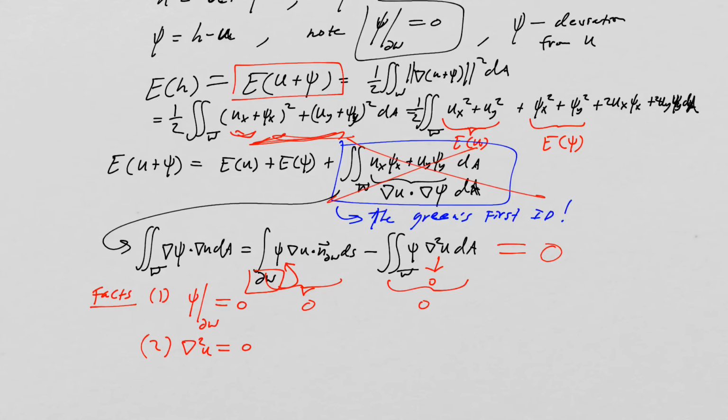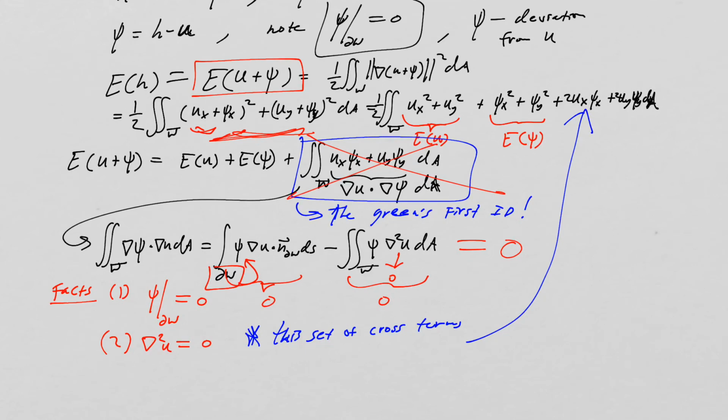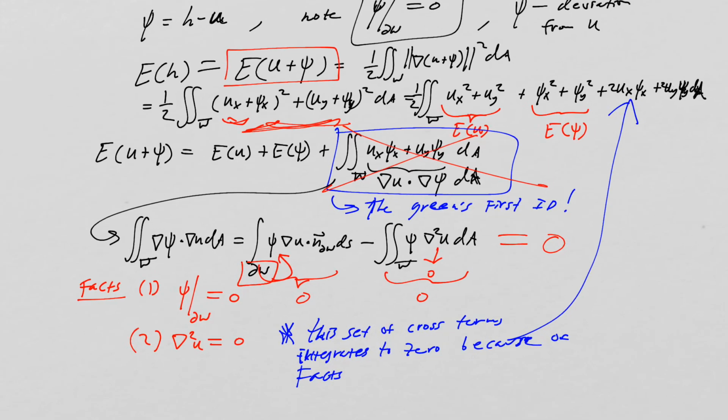And again, it should be noted that this set of cross terms, all this stuff that's sitting up there, integrates to 0 because of facts 1 and 2.